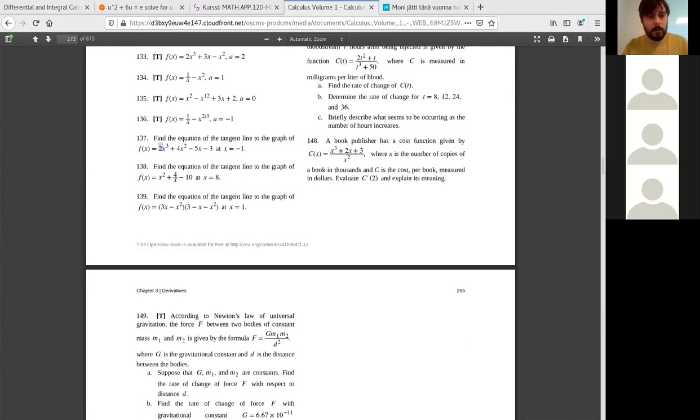Find the derivative of f of x equal to x to the 3 plus 2x plus 3, divided by x, assuming x not equal to 0.